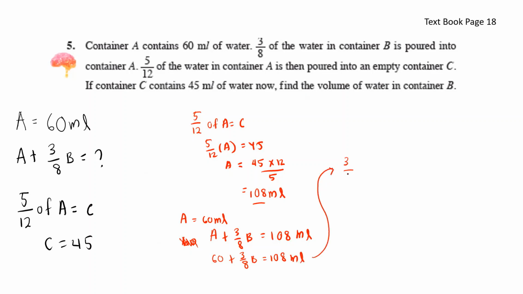Now let's calculate the volume of water in container B. Minus 60, because when we move it to the other side, it becomes negative. So here we have 3/8 B equals 48 ml. B equals 48 times 8/3, giving us 128 ml. And that wraps up 1.3.